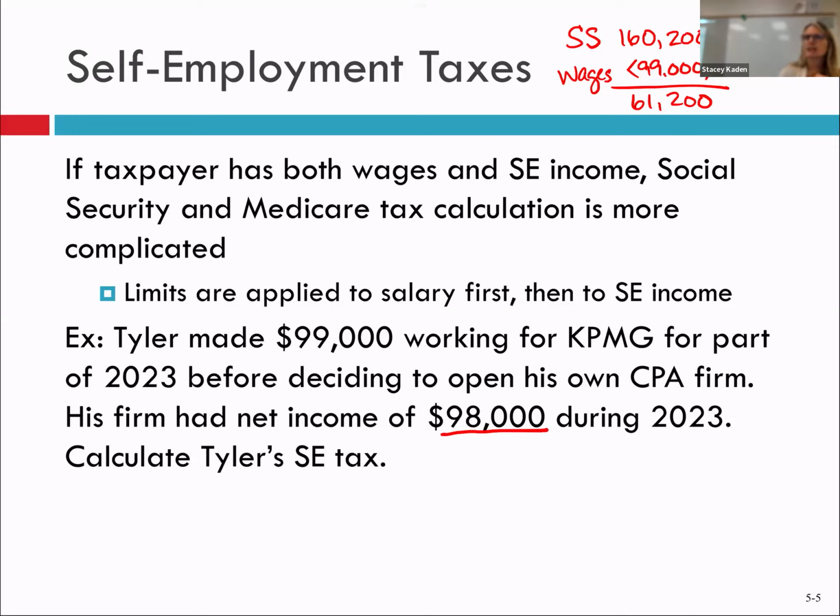That's when we have our tax calculated. Times 0.9235. $90,503. For Medicare, we'll multiply that times 0.029. 2,625.